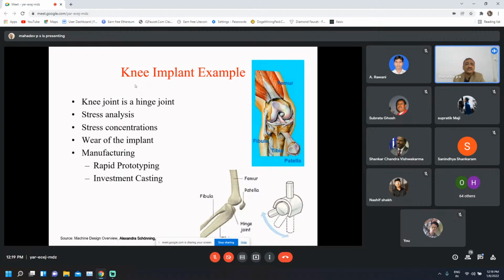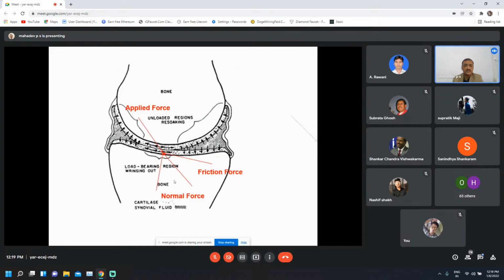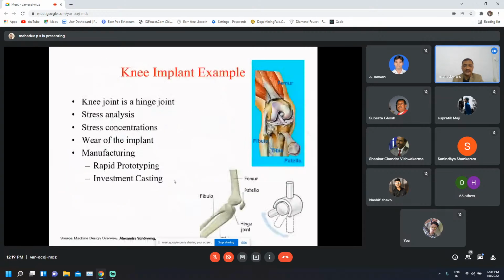So what they have done is, a knee joint acts just like a hinge joint. By using some software, they made a stress analysis, stress concentrations were found out, and wear of the implant was found out, and they manufactured the hip and knee joint by rapid prototyping and investment casting using this material, UHMWPE.